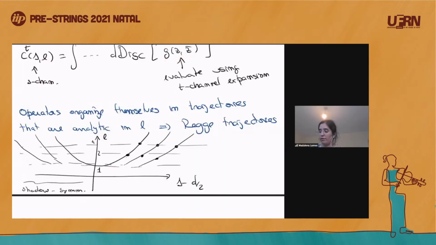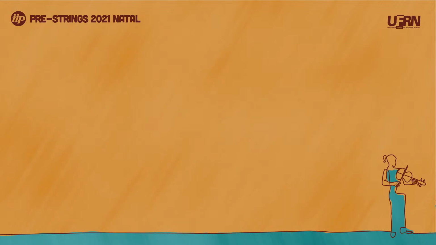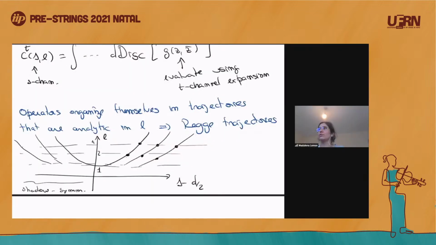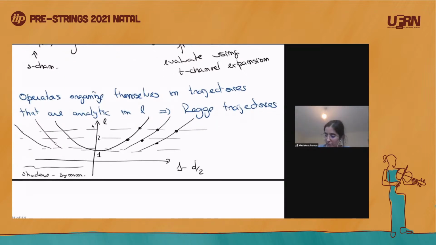If you want to know about large spin, you just need to know about low twists, but then you want to have some procedure to reconstruct the CFT data from a little knowledge of the spectrum. And this is where this formula is nice, if you're working in perturbation theory. So the double discontinuity has some nice properties.